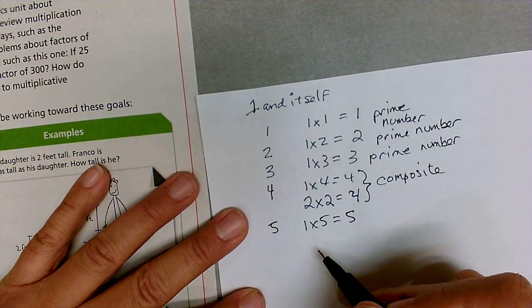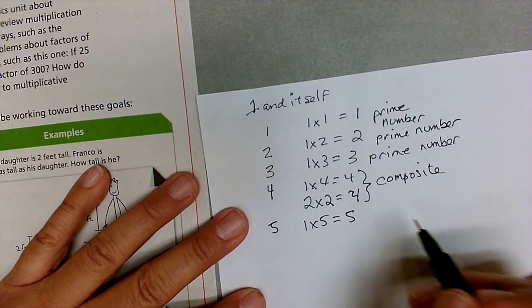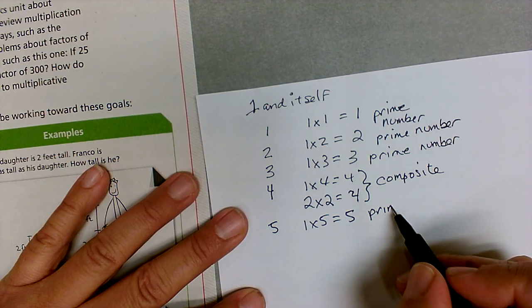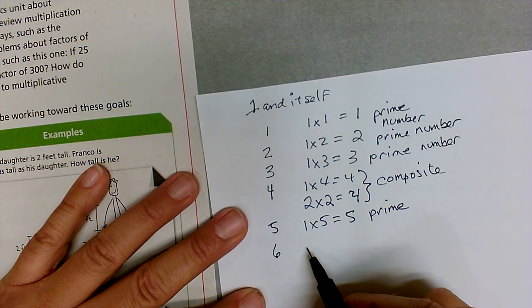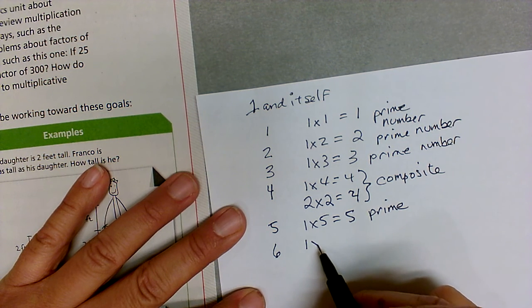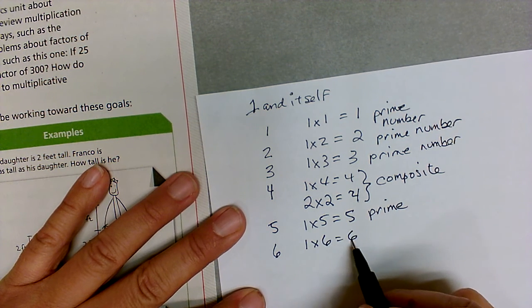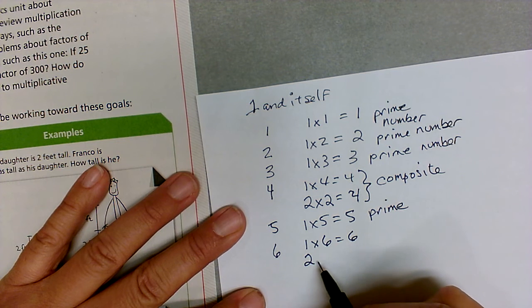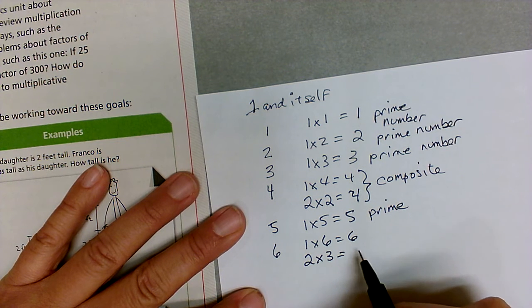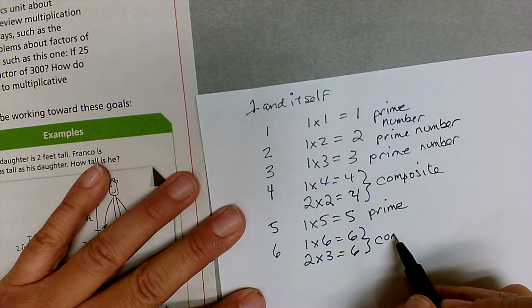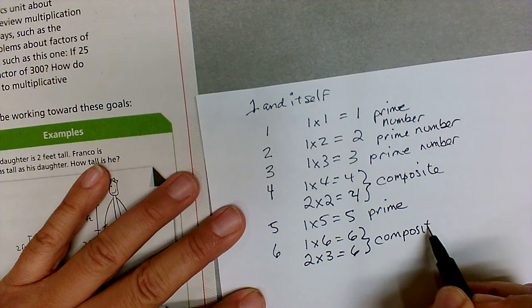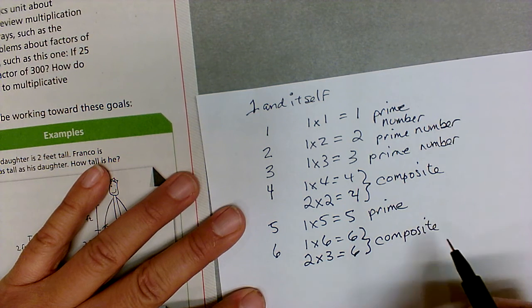Those are the only two things that multiply to get a 5. So that one's prime. Let's look at 6. Factors of 6 are 1 times 6, that equals 6, and 2 times 3, that also equals 6. So 6 is considered composite because it has more than one factor set that makes it.